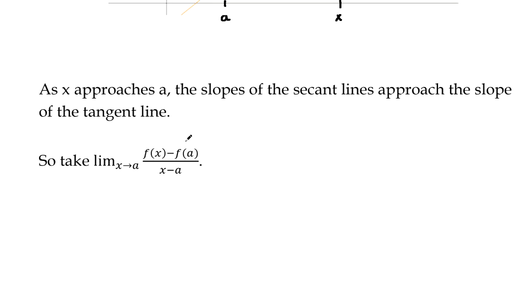That's the slope of the secant line, and we want to see what happens to that slope as x approaches a. Whatever the limit is, that's the slope of the tangent line at a.